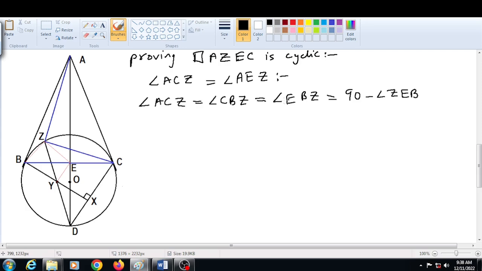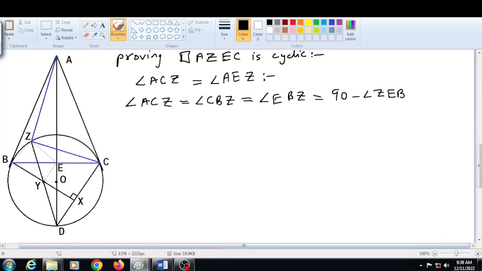So what do we have in the end? We have that angle ACZ is equal to angle AEZ. I'm sorry, one more thing we have to show here is that this is further equal to angle ZEA.